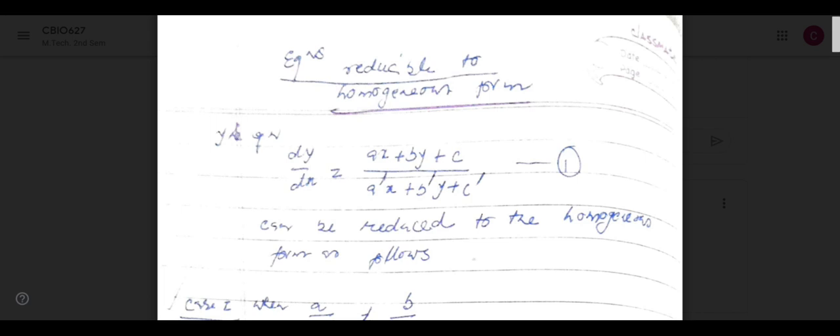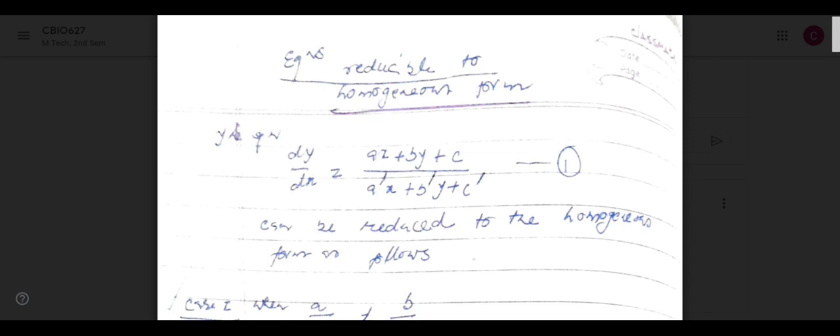So it is basically e power integration of p dx. And the solution of the Leibniz linear equation is y into integrating factor equal to integration of q into integrating factor dx plus c. Okay, on the right side you are integrating with respect to x.